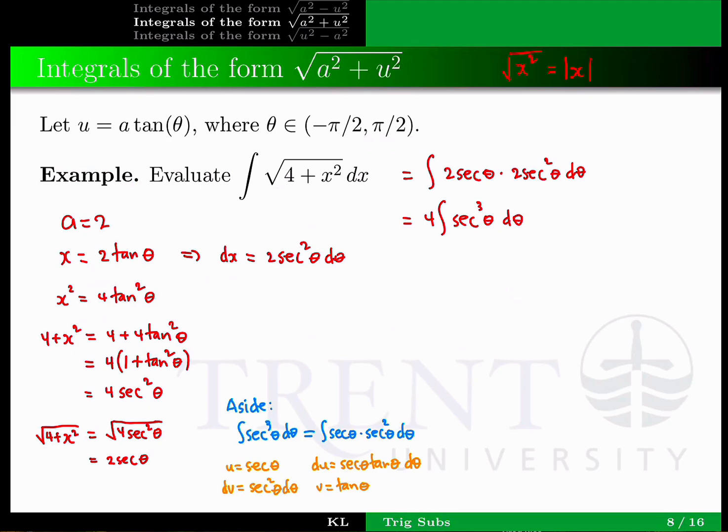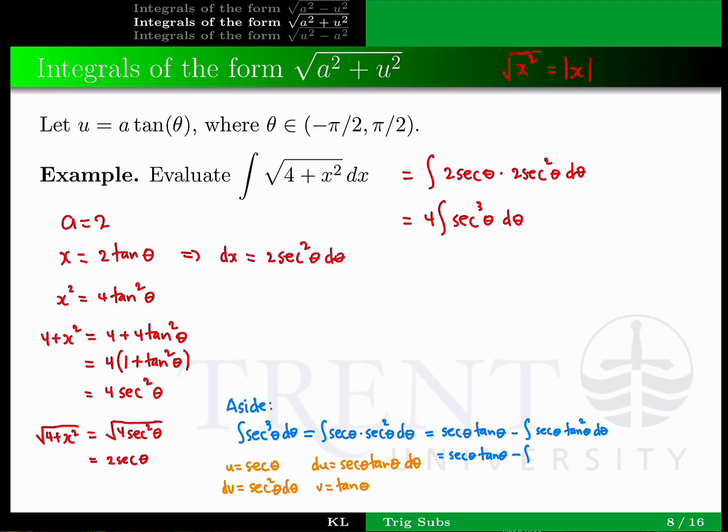So with that integration by parts, we have uv, the secant theta tangent theta, minus integral of v du. So we have v and then this is the du. If we multiply that, we will have secant theta tangent squared theta d theta. And then from here, we copy the first part.